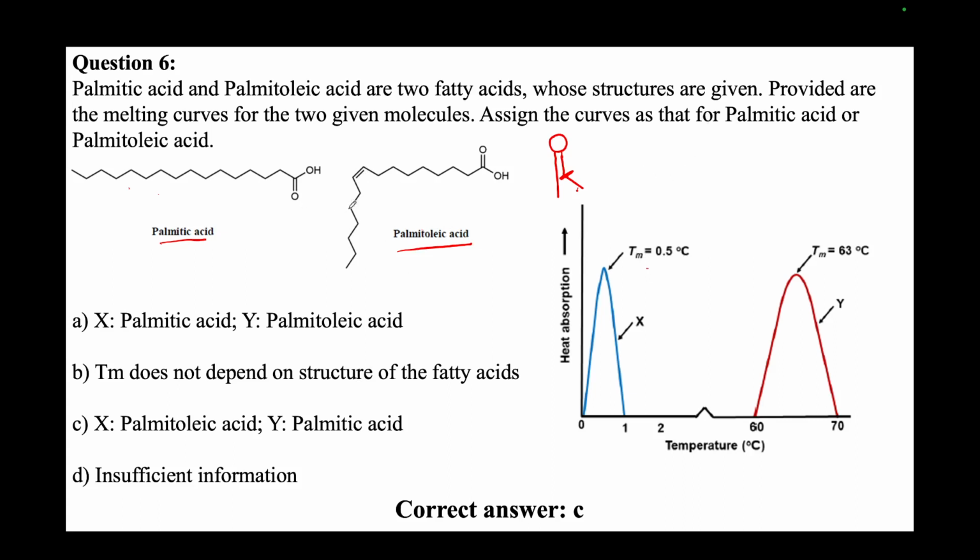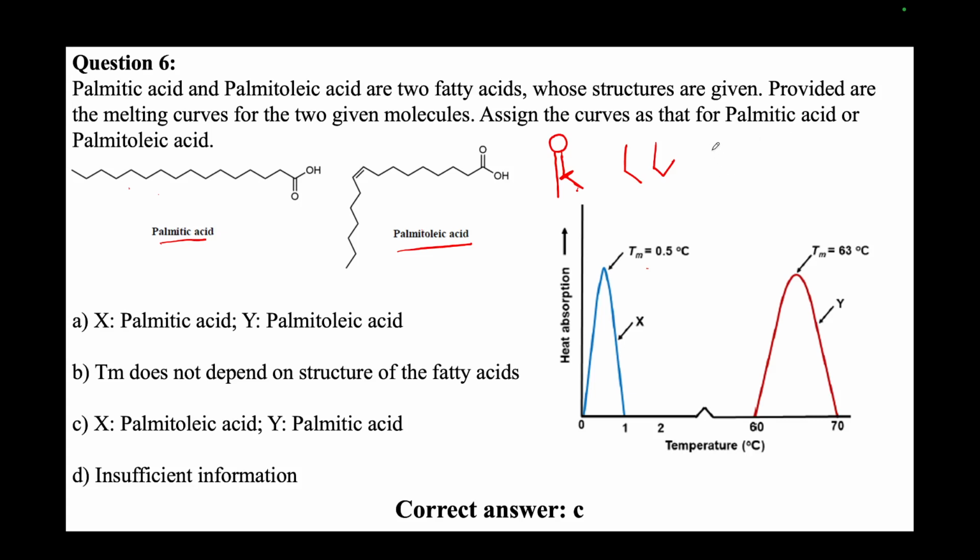Now if I introduce one more double bond here, there will be a further kink. Right now the molecule is like this, then the molecule will become like this. So it would be even easier to denature it. So the more double bonds, the more kinks there will be.